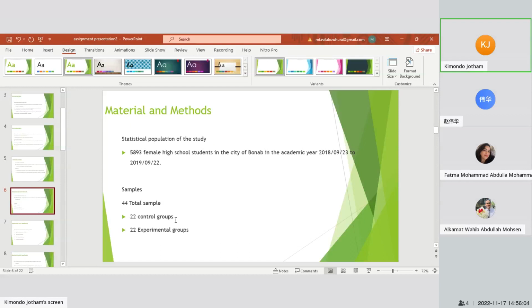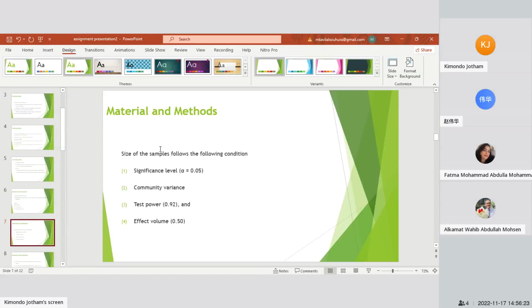The first one was the control group, and the second one was the experimental group. The control group was 22 and the experimental group was also 22. That's why I asked that question to Fatma.